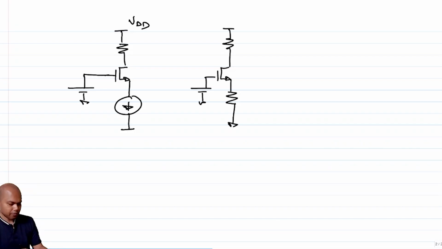This is another way of biasing, right? Either of them will be able to bias the transistor, provided you have appropriately chosen the values of the current source, the resistors, and the gate voltages. But which one would we prefer?